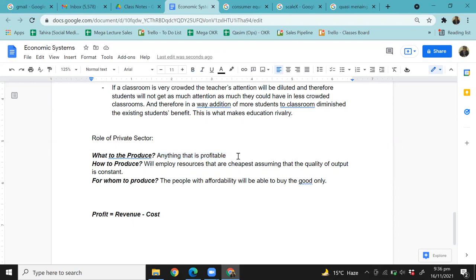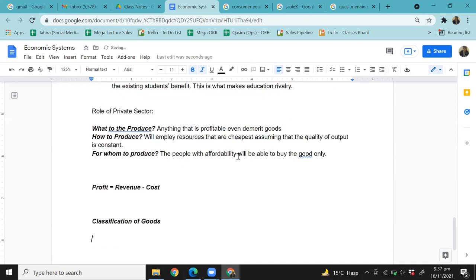Do you know what demerit goods are? Let's quickly discuss this. It is another classification of goods, because that's also part of our syllabus. Just like we discussed public versus private goods, we are about to look at merit versus demerit goods.